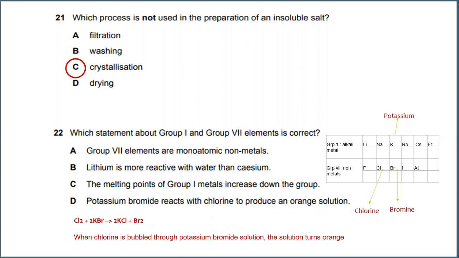This question wants us to find which statement about group 1 and group 7 is correct. So the answer would be that when potassium bromide reacts with chlorine, it will produce an orange solution. When chlorine is bubbled through potassium bromide solution, the solution will turn orange. So the answer for number 22 would be D.